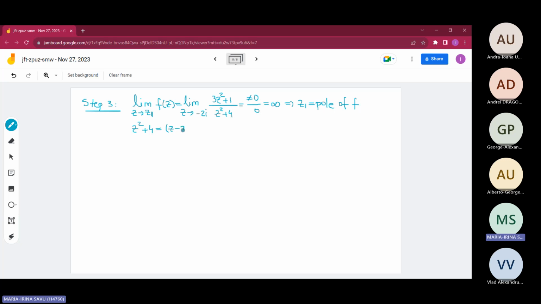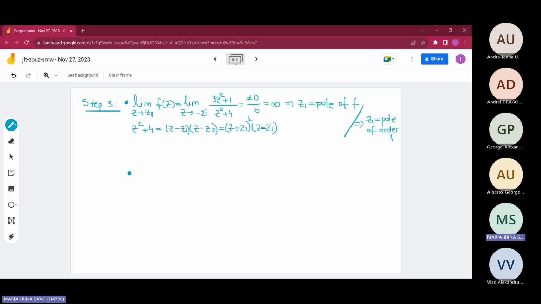So this is Z minus Z1 times Z minus Z2. And from the fact that exponent is 1, you get that Z1 is a pole of order 1.